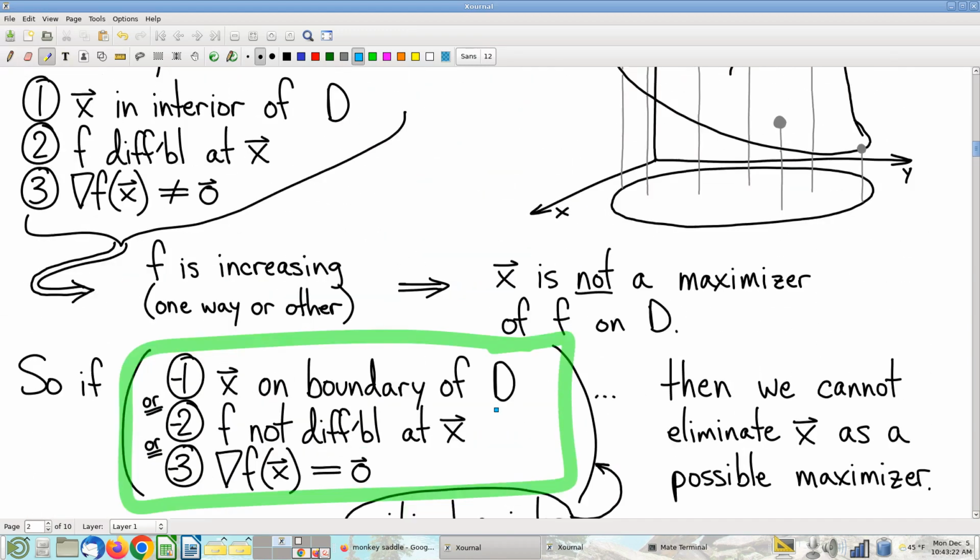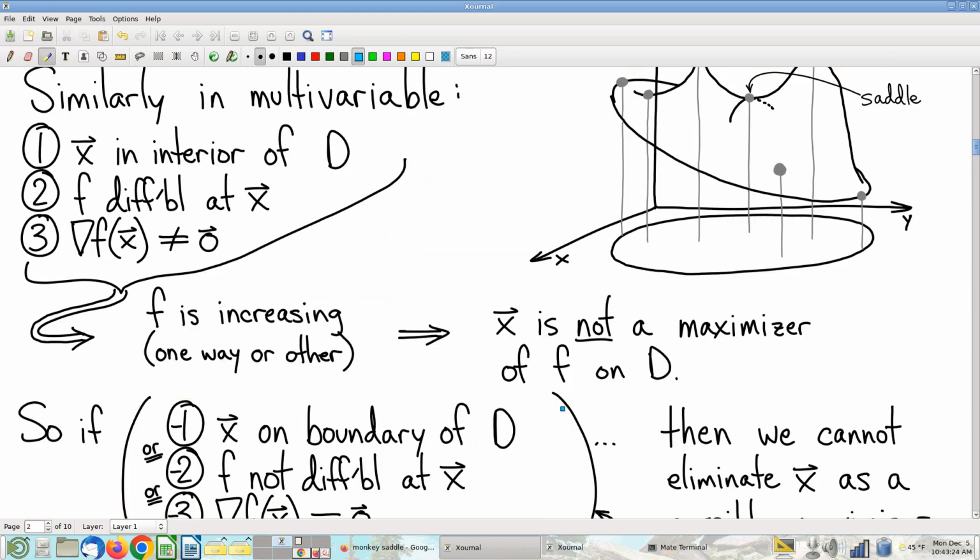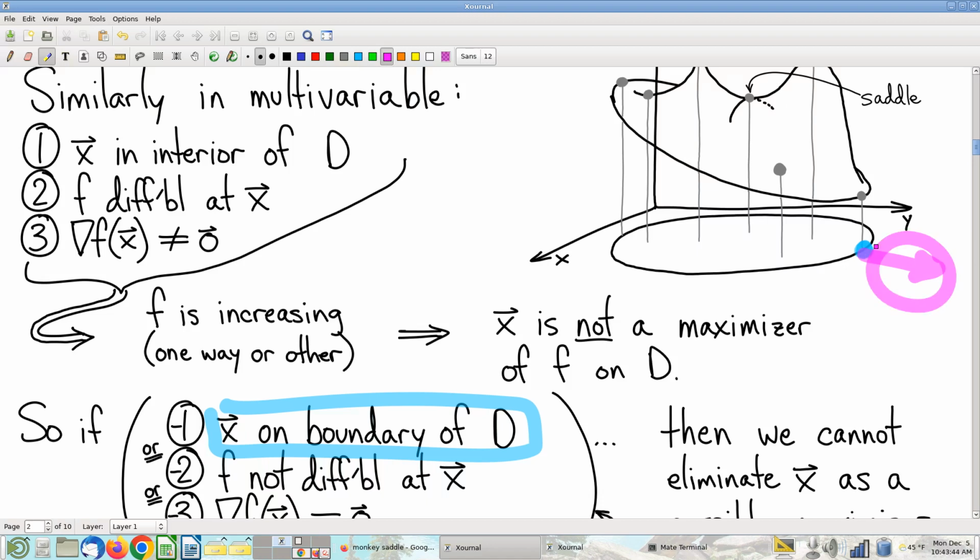Yeah. So this condition here is that we're looking for points that are on the boundary, right? The reason we have to look at points on the boundary is because if you're at the boundary, the mere fact of the gradient being non-zero doesn't allow you to eliminate that point as a possible maximizer, because if the gradient points this way, then just go in that direction, and the function's increasing, well, you're not allowed to go in that direction.